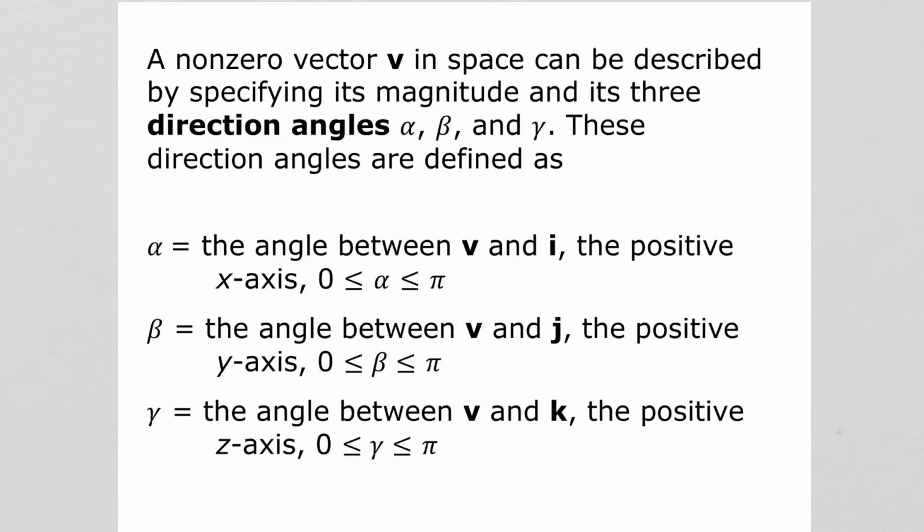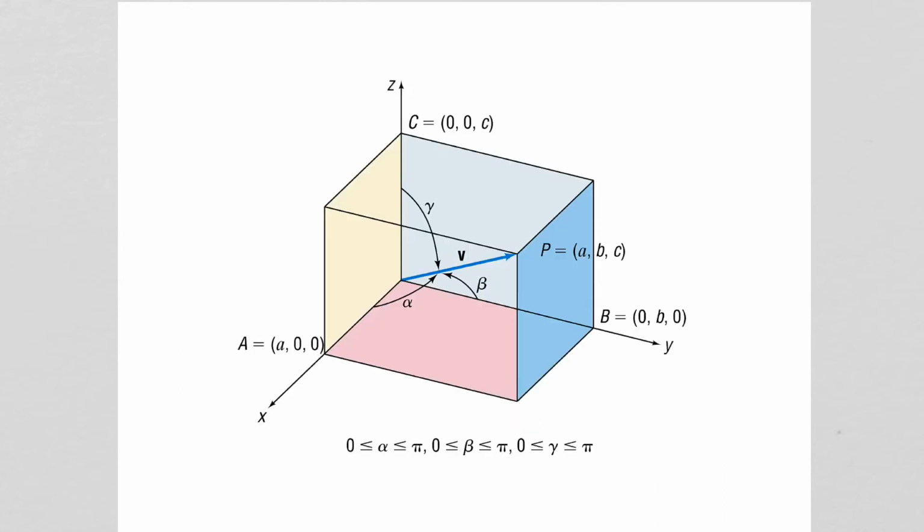There's the angle from the horizontal, from the other horizontal, and from the vertical. It's hard to say. The angle between V and I, between V and J, and between V and K. And here is a very complicated picture of it, which you can pause and ponder over if you like.